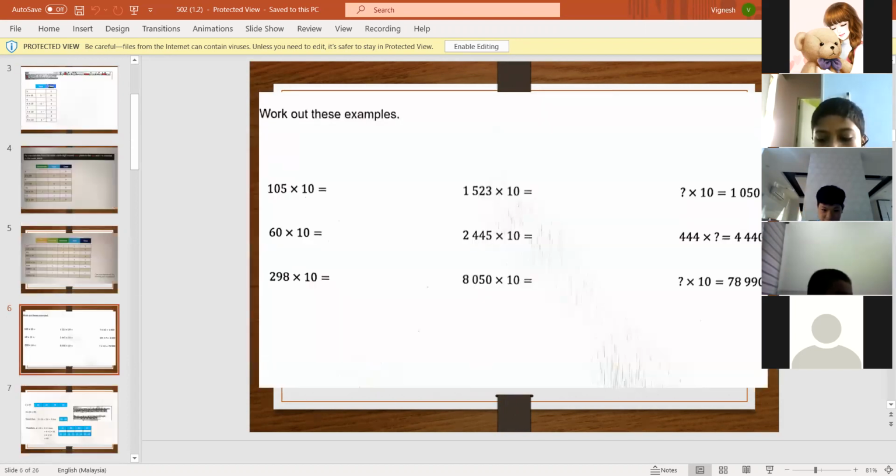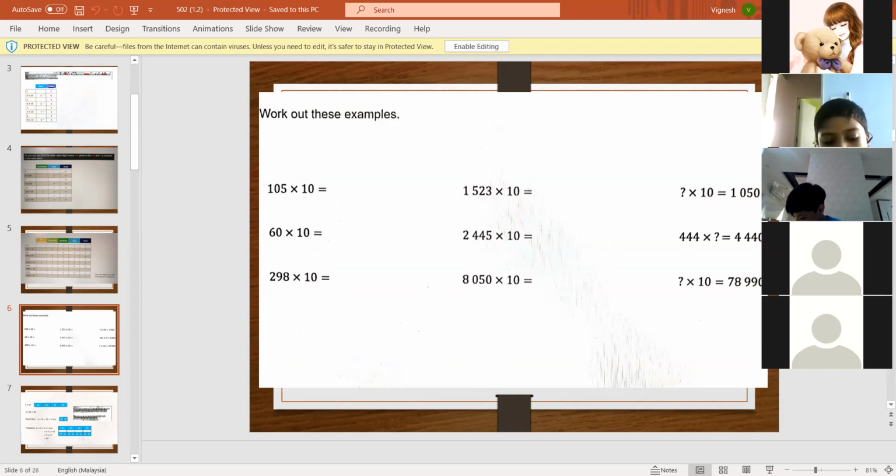Work out these examples. Who can tell the answers for me? You can use your calculator as well. One by one. Okay, number 1, 1,500. Wrong. Even the question is 1,050.